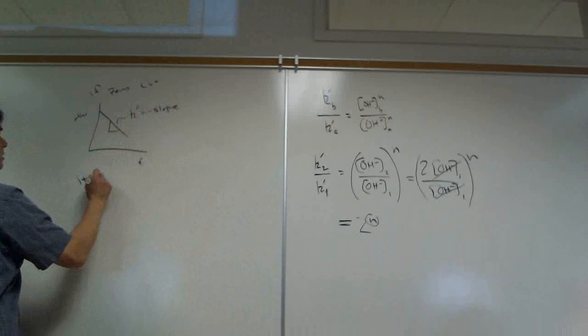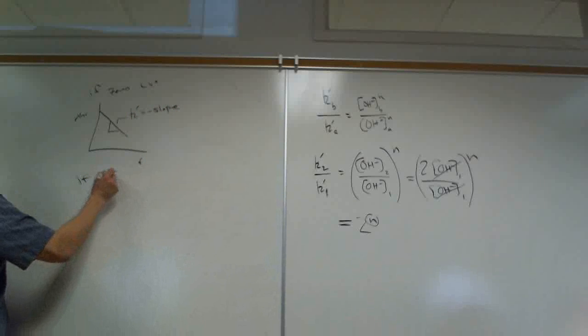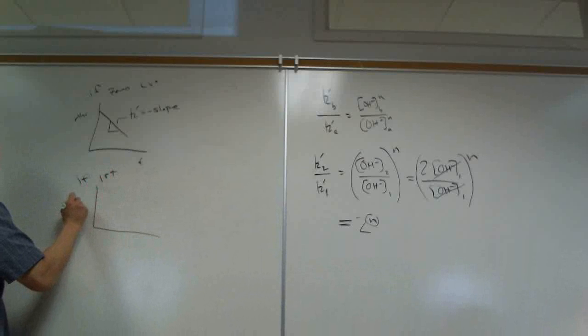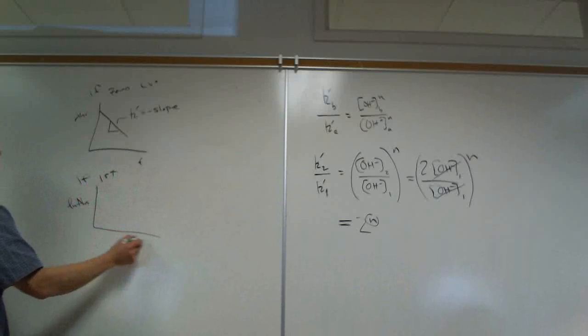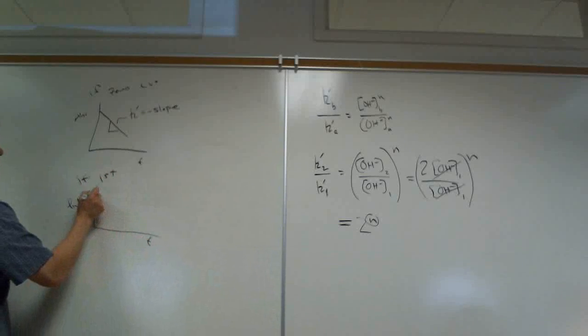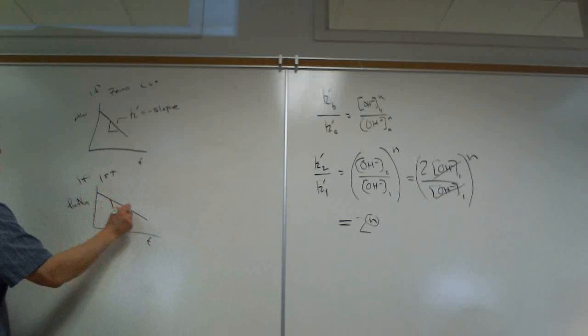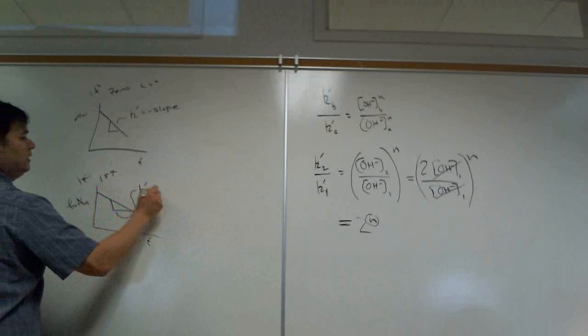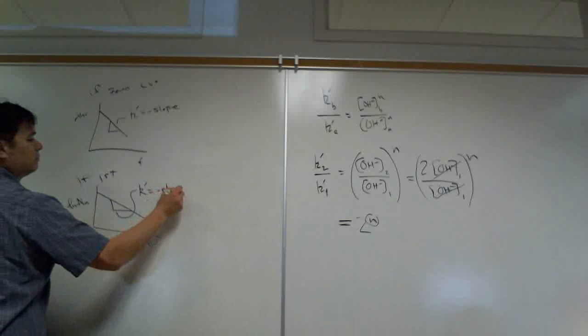If it's first order, then a plot of ln of the absorbance versus time will give a K prime value equal to the negative of the slope.